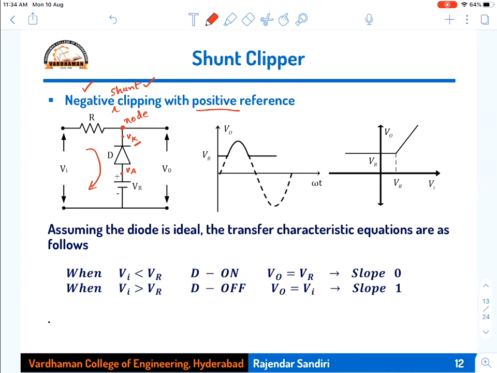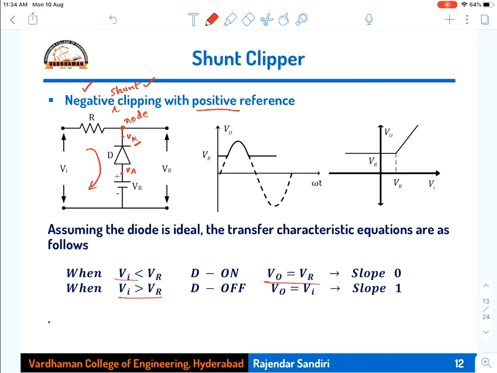Now if you draw the input and output waveforms, negative clipper means that below the reference voltage, the portion of the waveform is clipped off. Above the reference voltage, the output voltage will be the same as the input voltage. So for Vi less than Vr, the diode is on and V naught is equal to Vr.